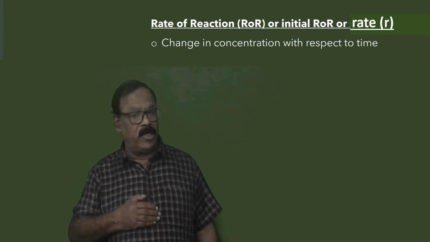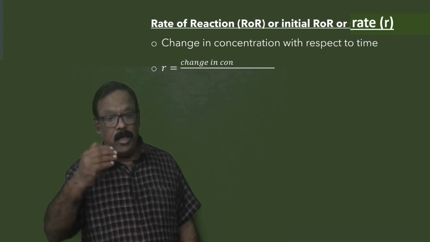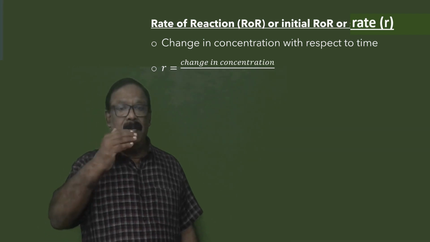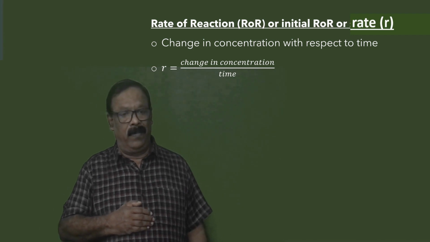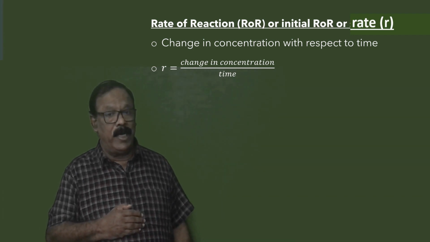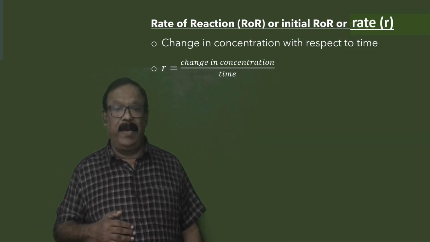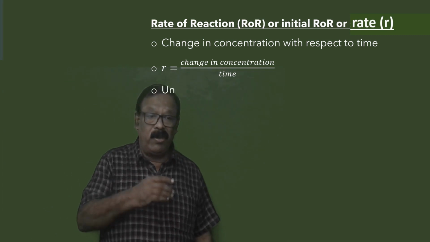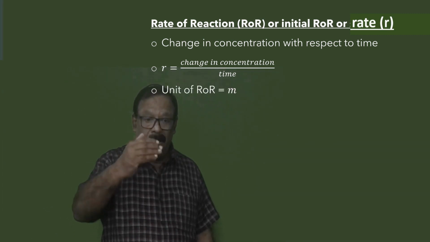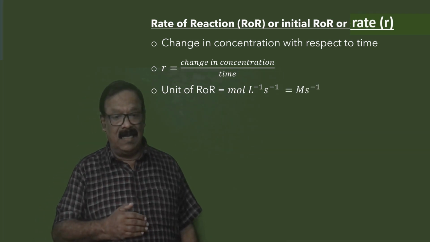So in the form of an equation, we can write rate is equal to change in concentration divided by change in time. Concentration is usually measured in moles per liter and the basic unit of time is second. So the unit of rate will be mole per liter per second.